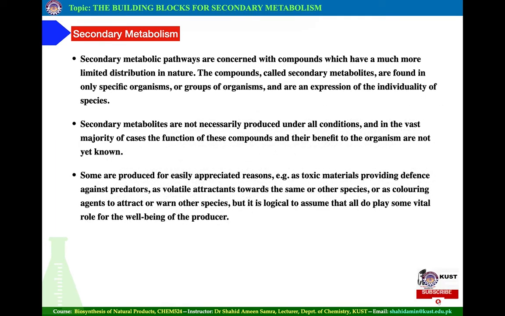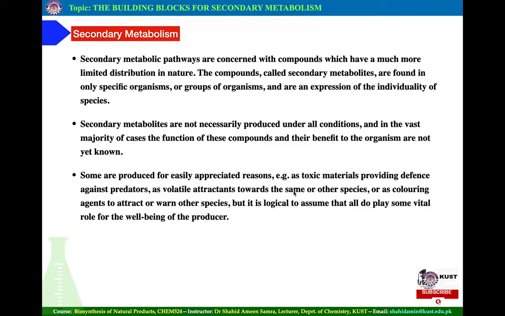Out of these secondary metabolites, some are produced for easily appreciated reasons. For example, they may be toxic materials that provide a defense mechanism against predators, or they may be volatile attractants towards the same or the opposite species.